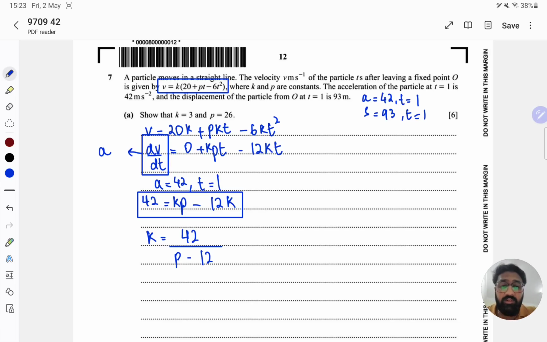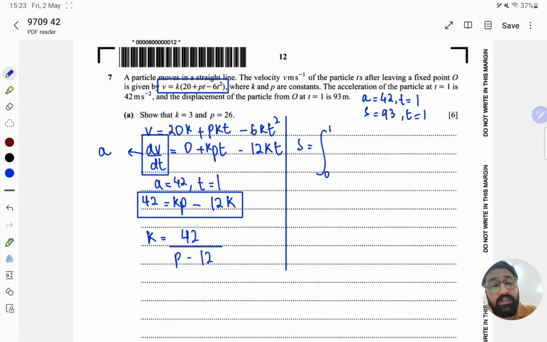Okay, now the next portion of the question is about the displacement, and we know that if we do the integration of the velocity-time equation, we find the displacement. So s will be equal to the integral, and the displacement that he is talking about, 93, is for the first 1 second.